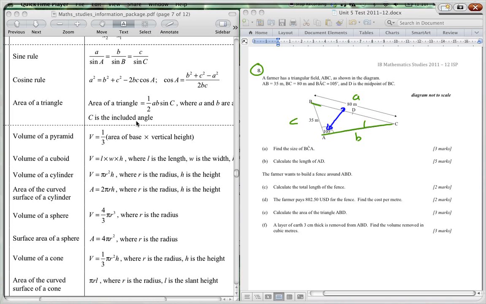Now, whenever we have an angle-side pair, opposite side, we think of the sine rule. We're going to use the sine rule, this one over here. And because I'm wanting to work out an angle, I'm going to invert both sides and write my formula as sine A over a is equal to sine C over c.